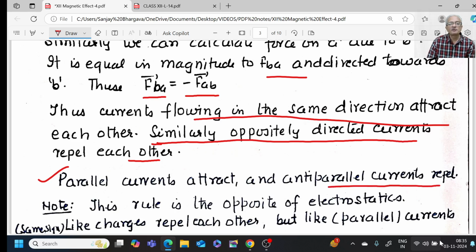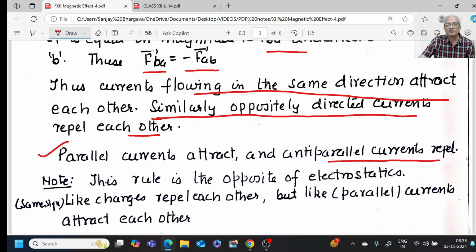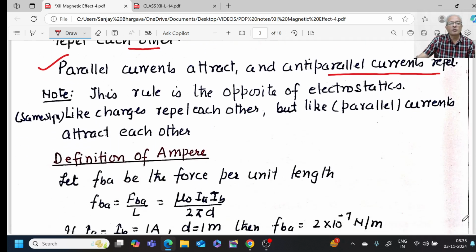You can always prove that anti-parallel currents repel each other. A very important observation here, in the form of a note, says this rule is opposite to that of electrostatics. Like charges having the same sign repel each other. But like parallel currents attract each other.